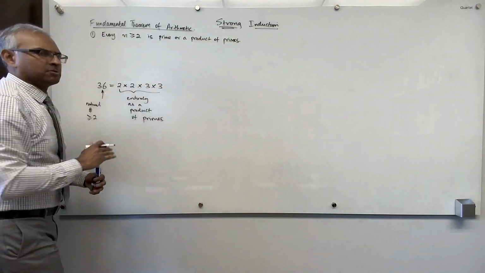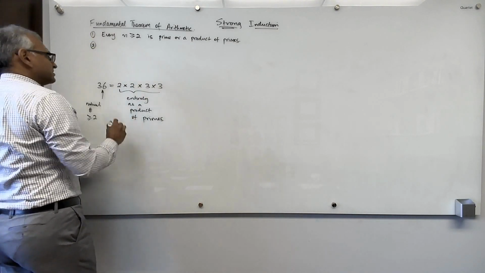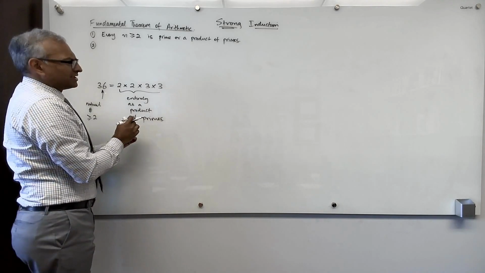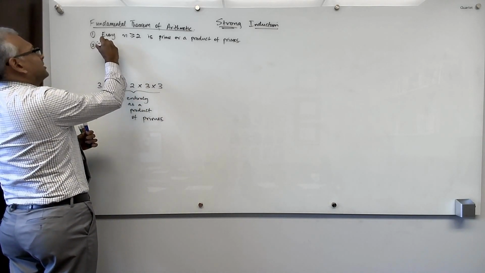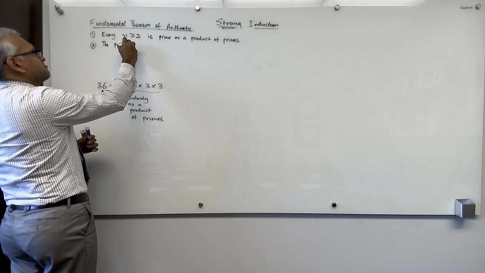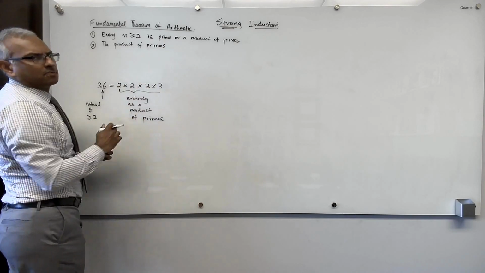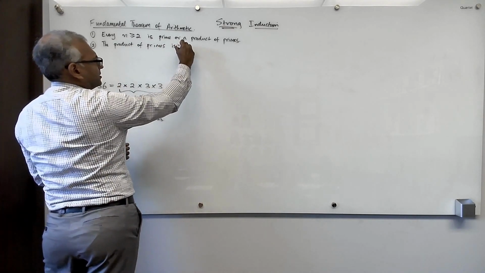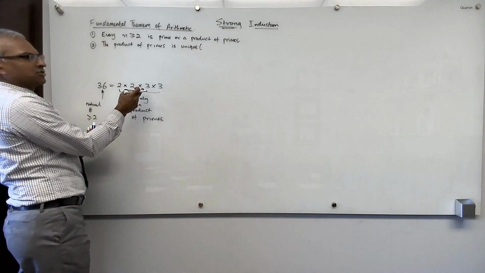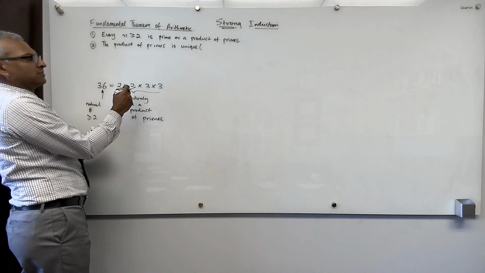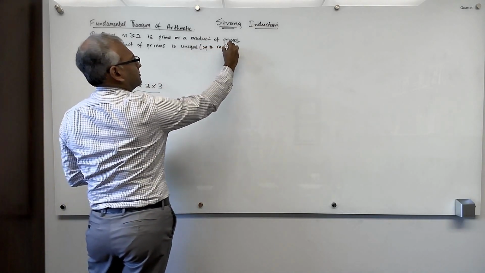Okay, and this is an example of writing 36 as a product of primes. And the second part is that this product of primes is unique up to reordering. So the primes that appear in the product are unique, up to reordering. I mean, we don't care that you could also write it as 3 times 2 times 2 times 3, up to reordering.